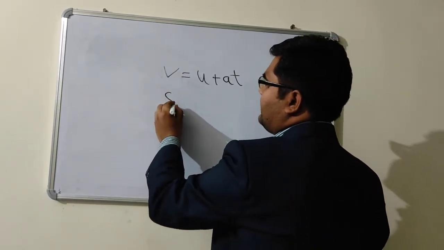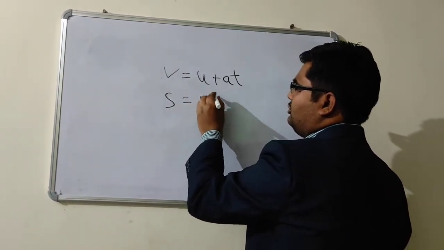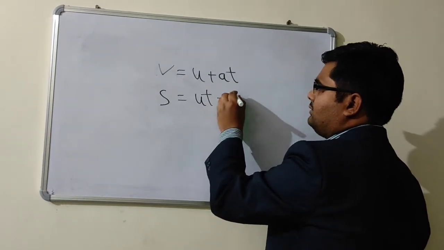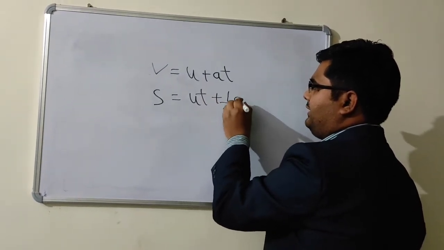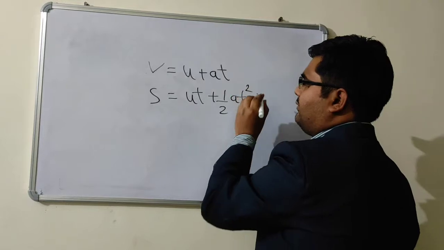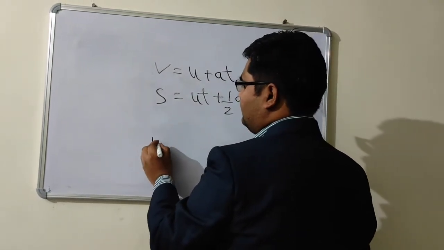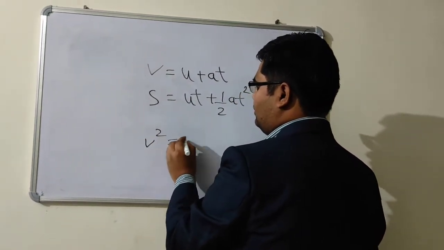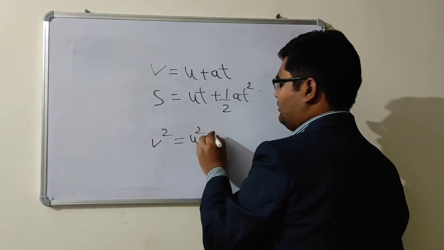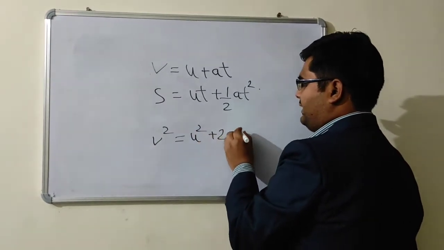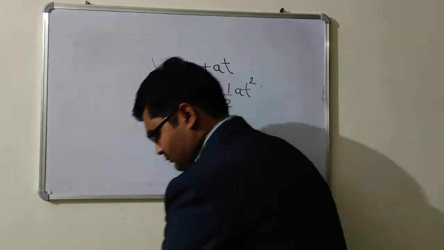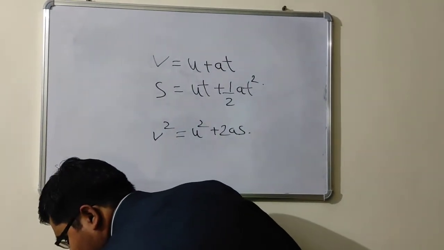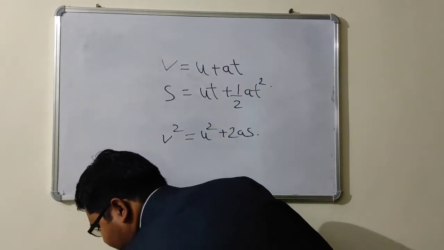Second is S equals UT plus half AT square. Third is V square equals U square plus 2AS. Here are the 3 expressions which I have written.